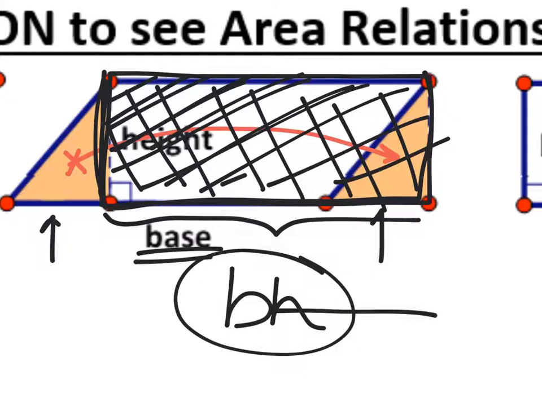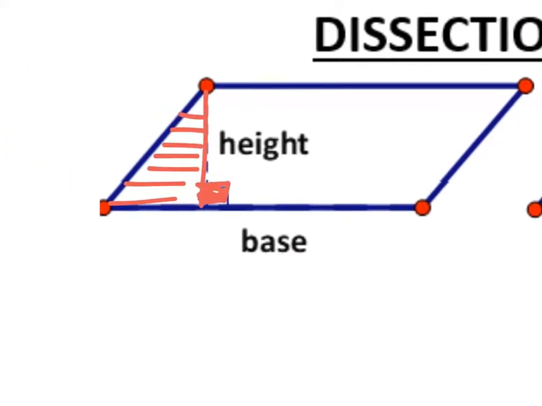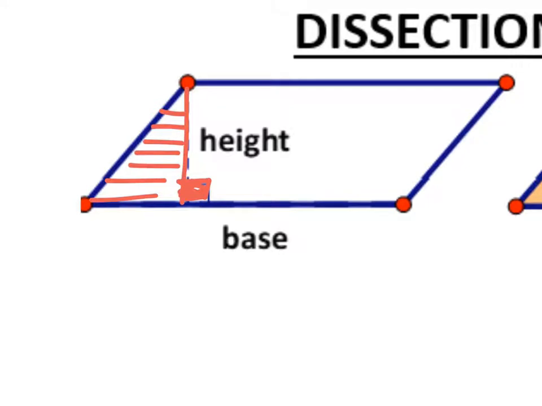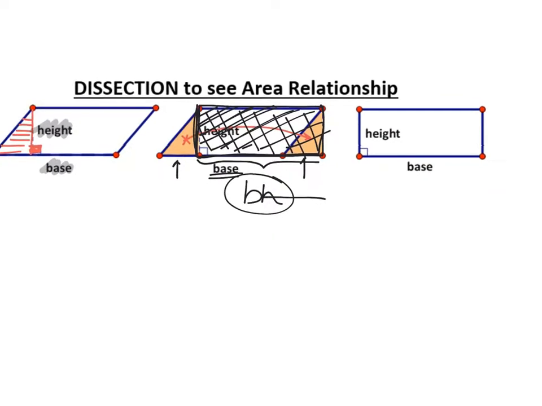When you're doing a parallelogram, you can just simply multiply its base times its height. So while it is not a rectangle, its formula is the same because you can convert any parallelogram into a rectangle of equivalent area with the exact same base and height as the original.